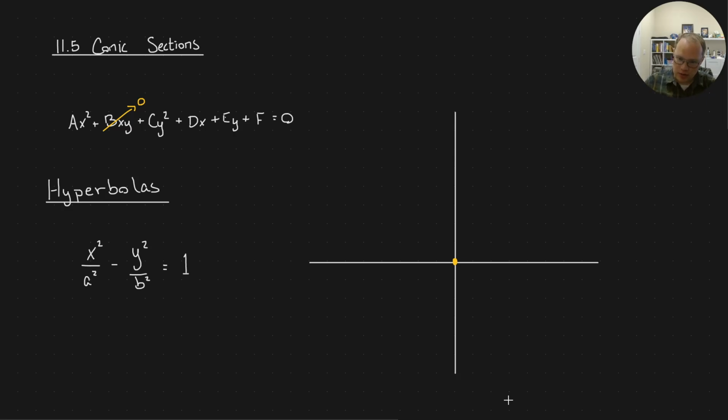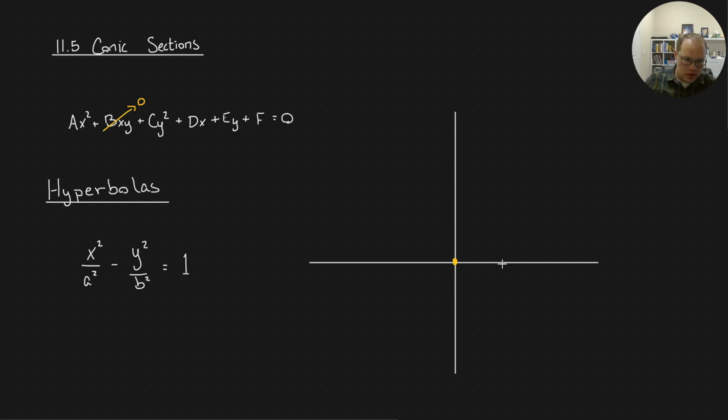Now, to figure out how to sketch this, you're going to start by creating a box using your A and your B. So just like with a hyperbola, you're going to move in the x direction, A units. You're going to move in the y direction, B units. Okay?